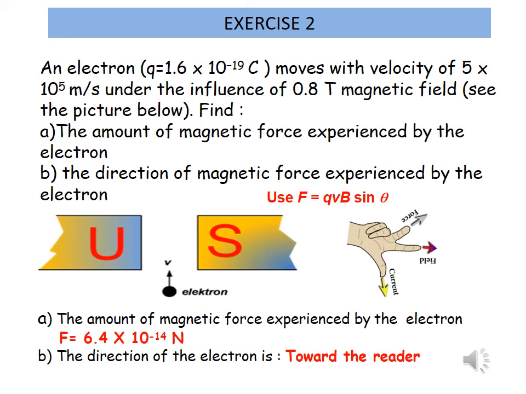Exercise number 2. We have a problem like this. An electron, remember, an electron has a negative charge. An electron with the charge of 1.6 times 10 to the minus 19 coulomb moves with a velocity of 5 times 10 to the 5 meters per second under the influence of a 0.8 Tesla magnetic field.